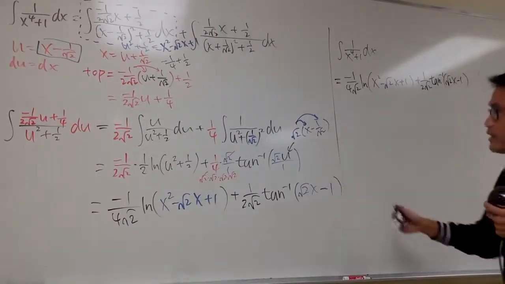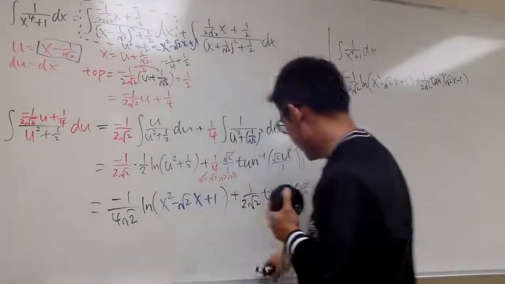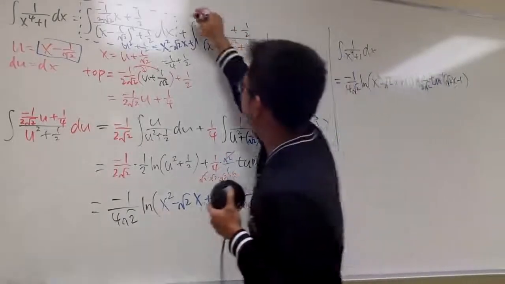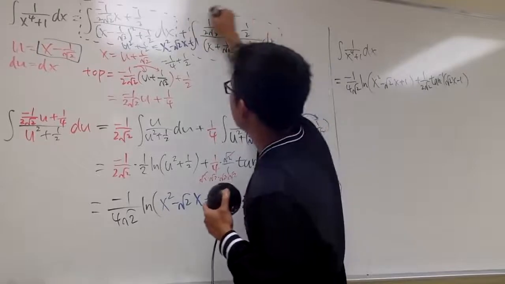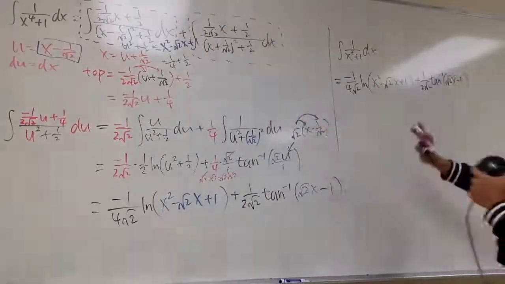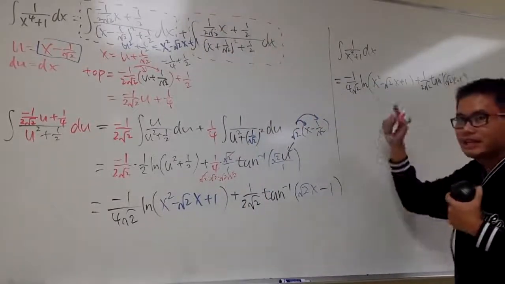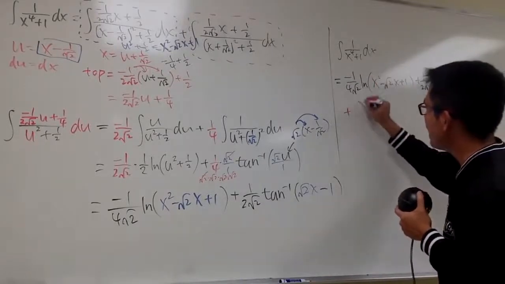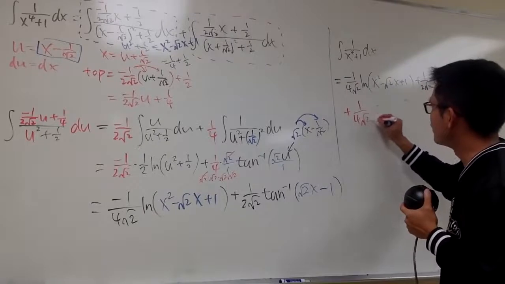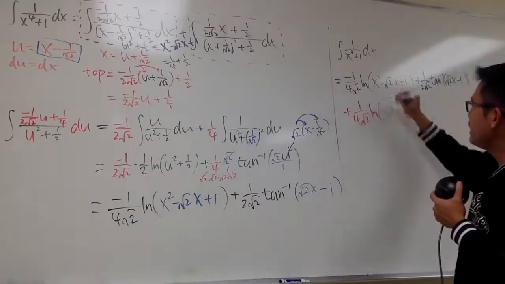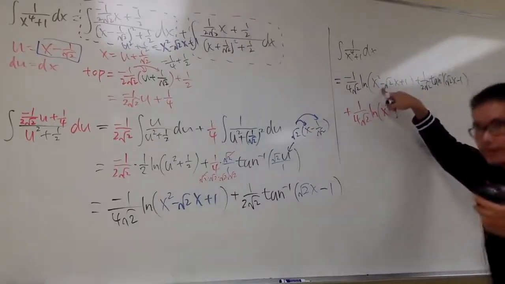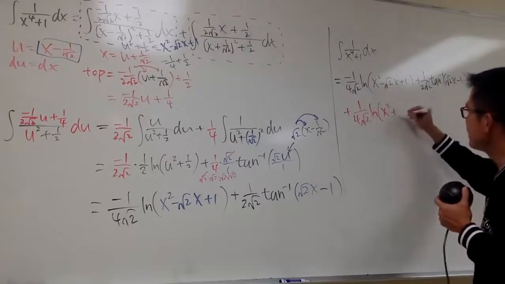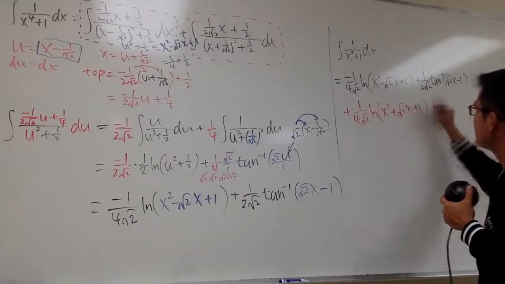And for the second integral, let me just put it down in red. Of course, black pen, red pen, I have to have the red right here, right? For this one, I'm just going to show you guys what the answer is. Instead of the negative, in fact, you actually have the positive. So we will have plus 1 over 4 square root of 2, and then ln still ln, and we have x squared, but instead of the negative right here, we have a positive, and then square root of 2x plus 1, like this.